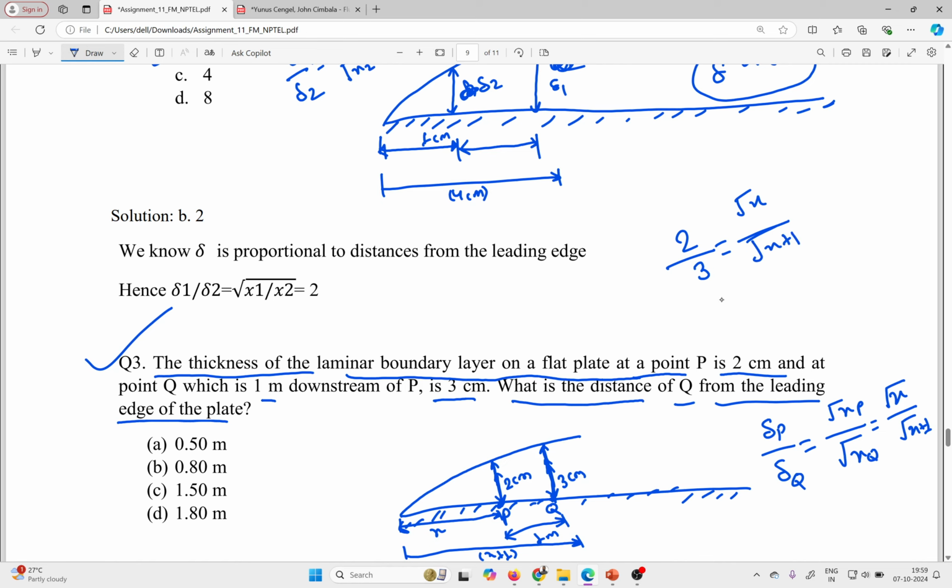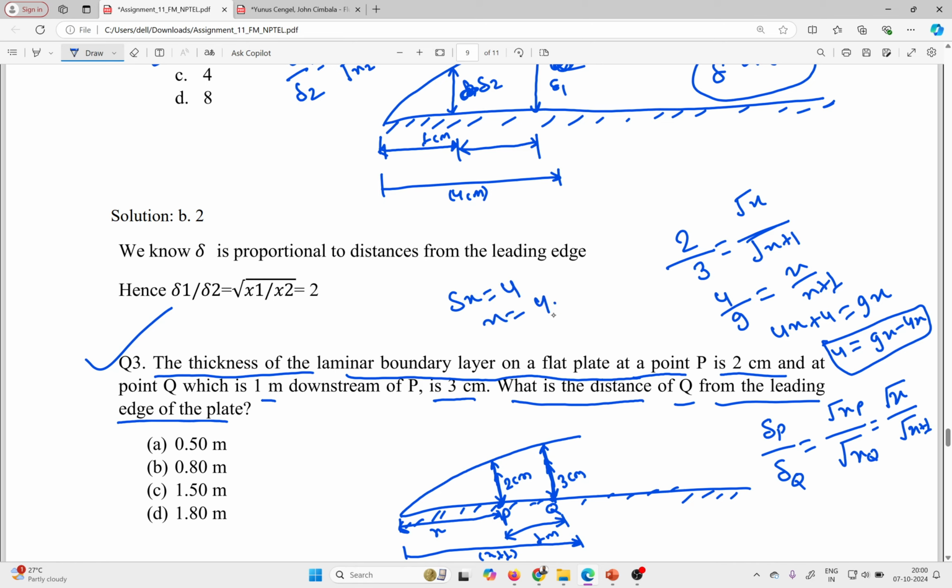So take square on both sides. This is 4 divided by 9 equals x divided by x plus 1. When we multiply, 4x plus 4 equals 9x. So 9x minus 4x equals 4. This equation will come. So 5x is equal to 4.